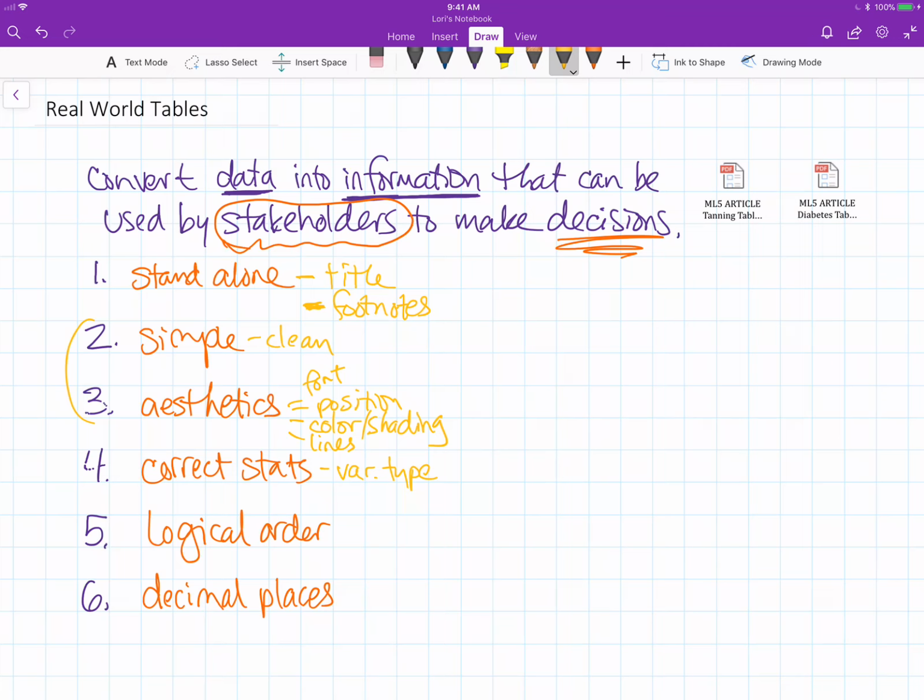Number 5 really has to do with categorical variables. And if those are ordinal, it would be important to keep them in order. I'll show you some examples of what not to do in the next video. But just that idea of people's brains following that particular order.